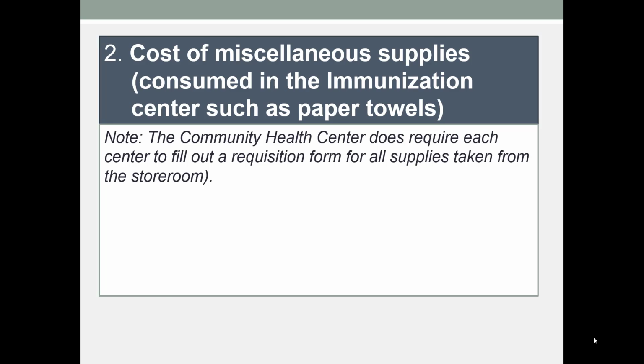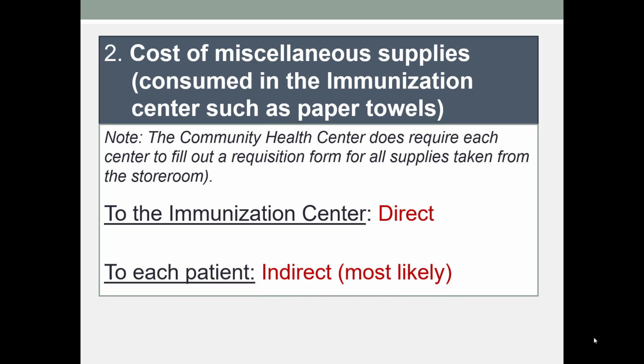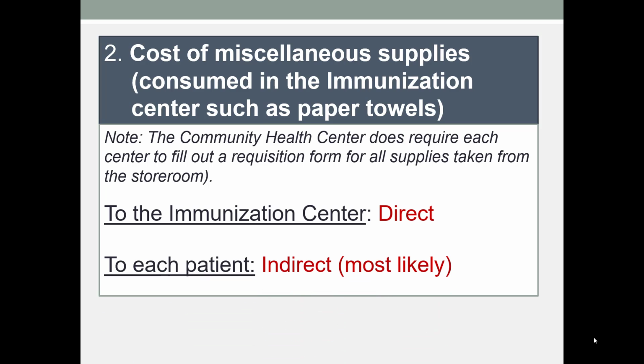That's of course for control, so that we don't have people saying, well, I'll take 8 rolls of paper towels for the center and maybe a couple for the house. This way we know where those supplies are going. Well, in this situation, it would be direct to the immunization center and most likely indirect to the patient.